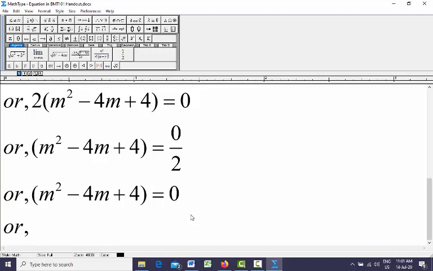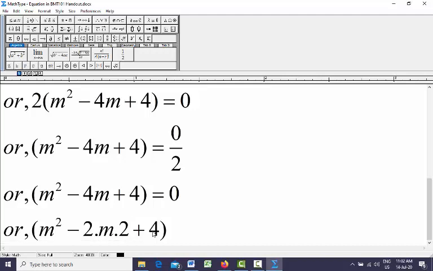Right. So now what we have here. Here we can write it this way. Can I write it like this way?